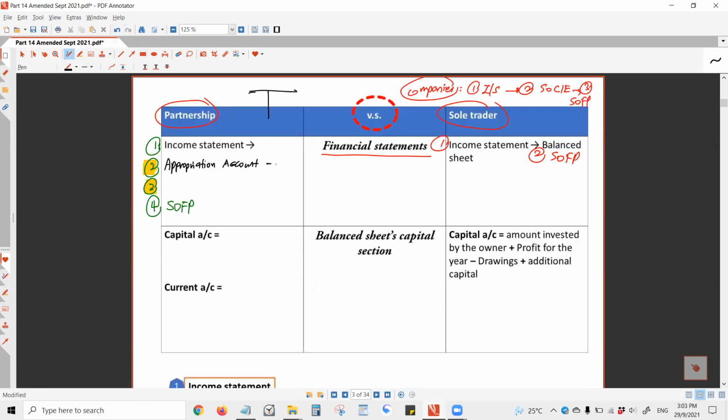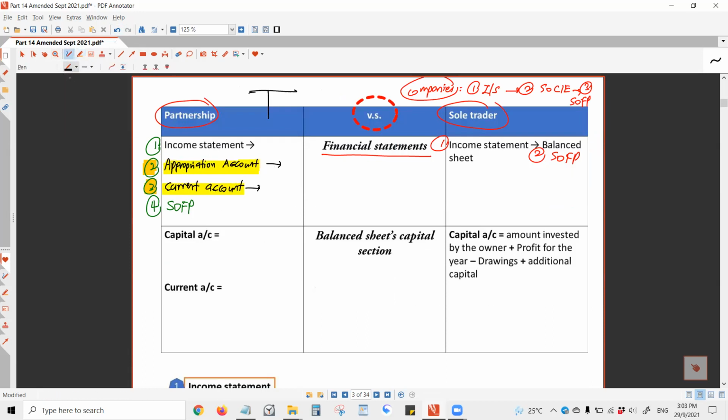After you have prepared the appropriation account, then you prepare something known as the current account. Later we will look at each of these in sequence: income statement, appropriation account, current account, and then SOFP. This sequence you must remember. Later I will show you how to prepare these two.